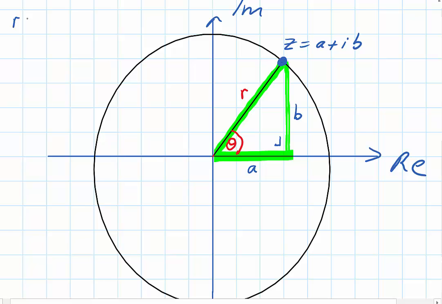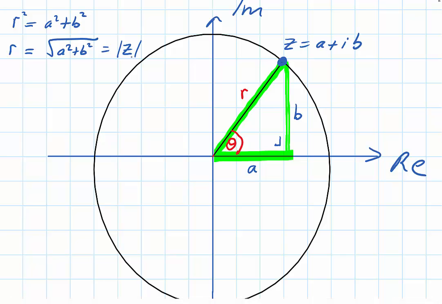So straight away r squared by Pythagoras is a squared plus b squared. So r is the root of that, which you should recognize at this stage as the modulus of the complex number. So that's the connection between a, b and r.